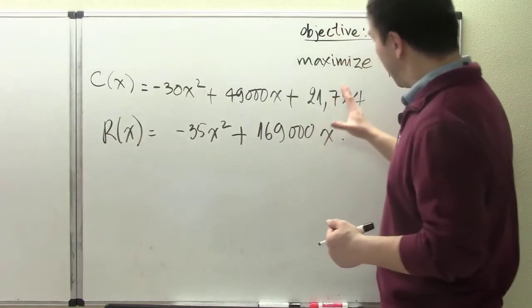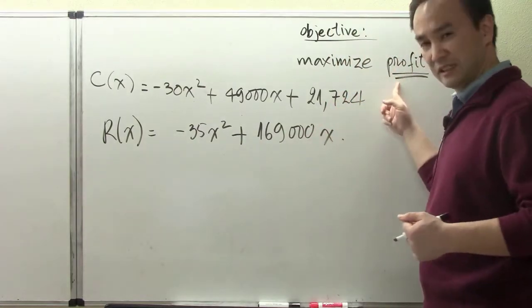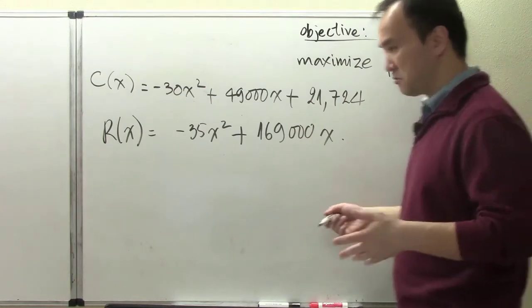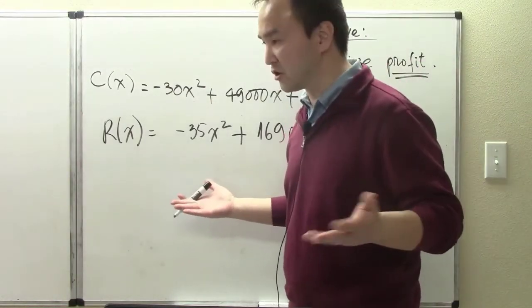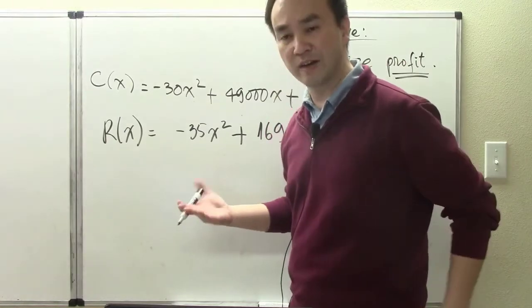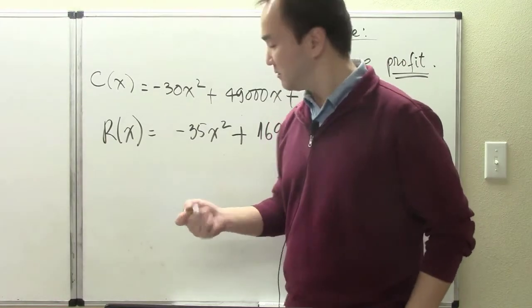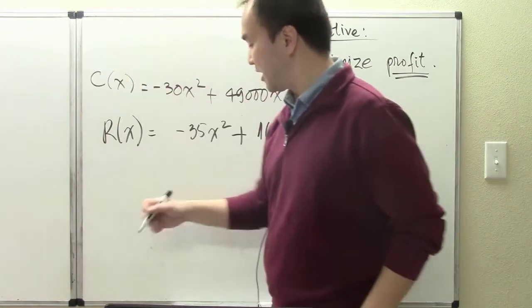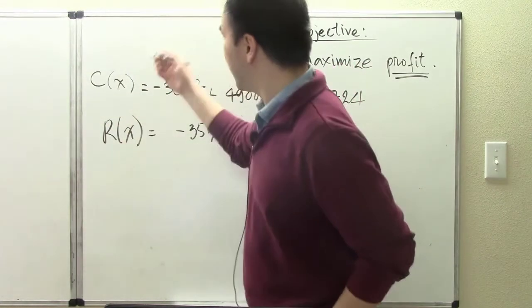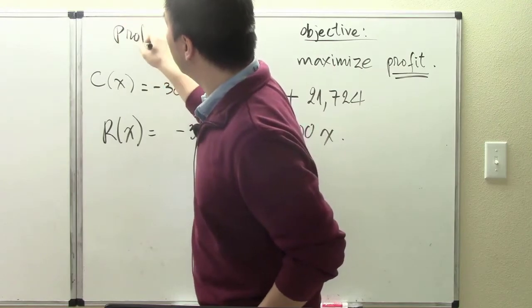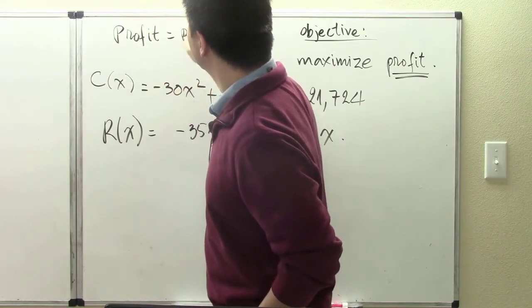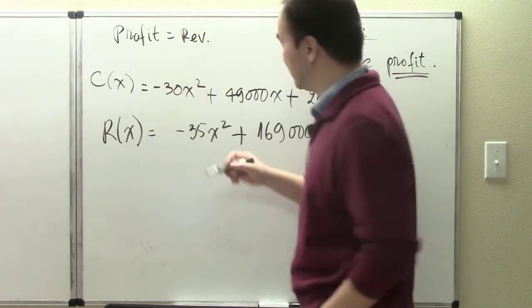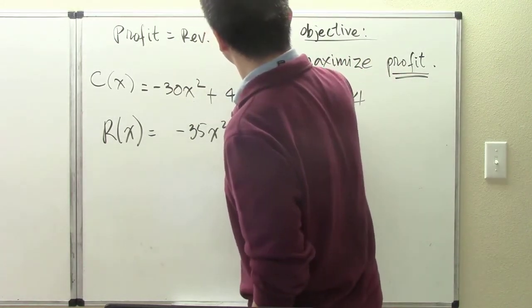But our objective function is the profit, which is not given in this problem yet. Students who are in a business major are well aware of how to find the profit, because profit is always revenue minus cost.